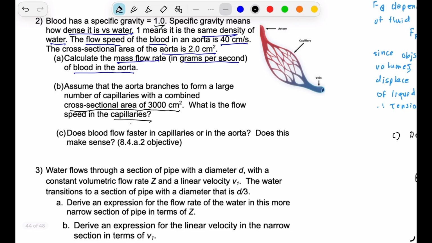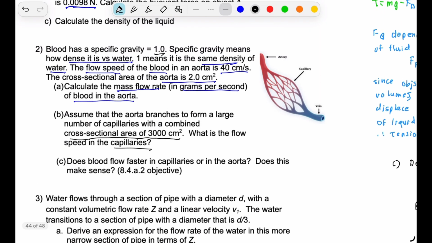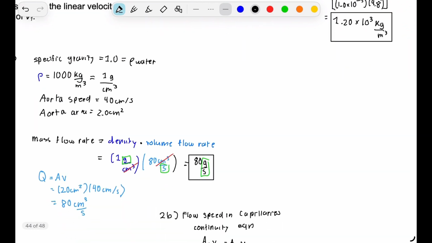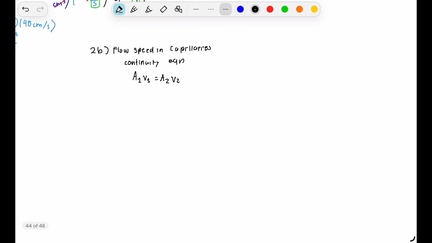we have a different speed. So we're given one speed, which is v1. So we can solve for our second speed, v2. And we have 3,000 centimeters squared, so we can use that area as well.